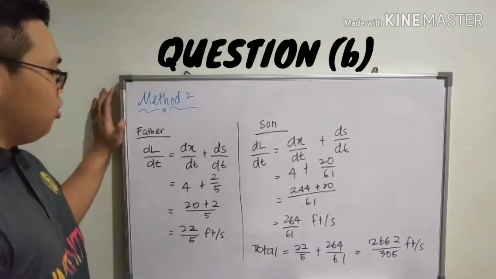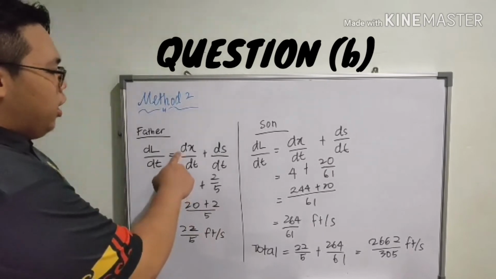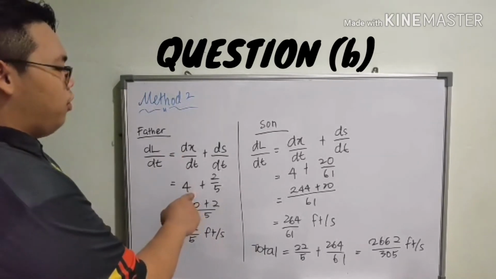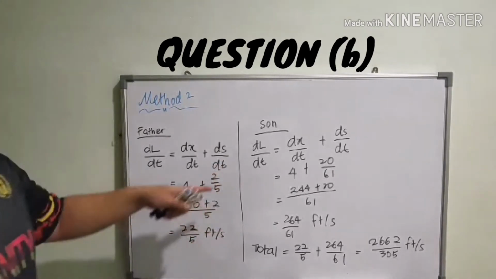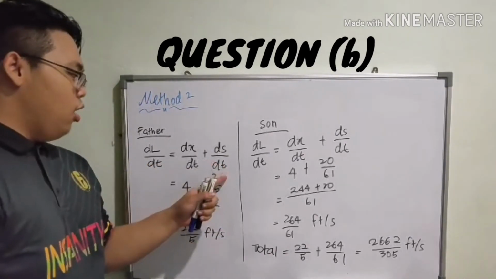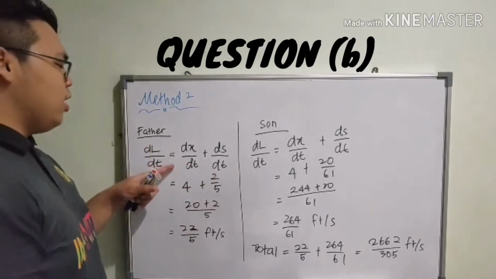How to answer this question? For the father, you know that dx over dt is equal to 4 and ds over dt is equal to 2 over 5. You already have these values, so you can easily get dl over dt.